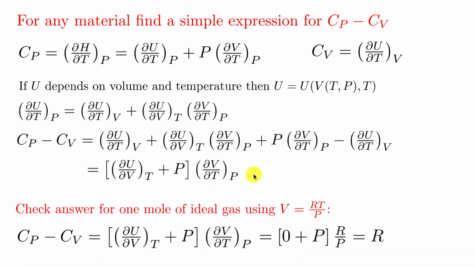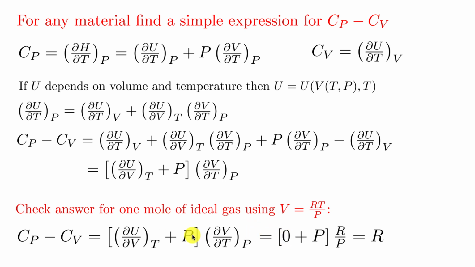And now just to check this, let's see if we get the right answer using PV equals RT. Why RT and not nRT? Because we are taking 1 mole of the gas. Now let's recall that U does not depend upon the volume for an ideal gas. So dU by dV is 0.